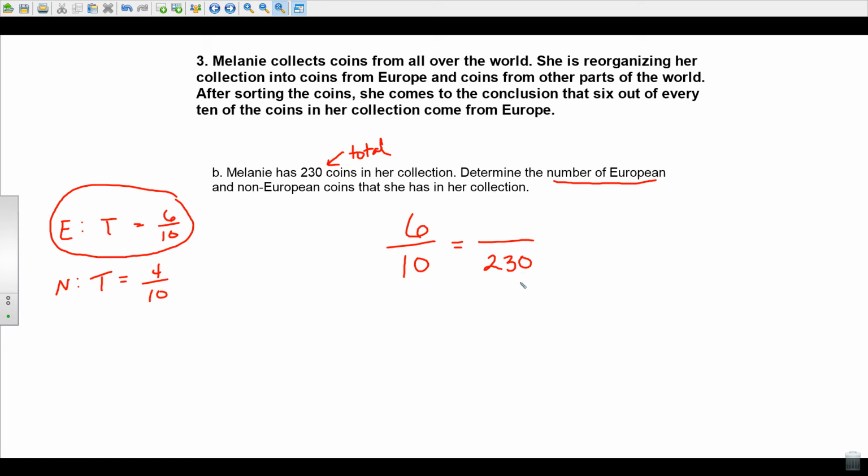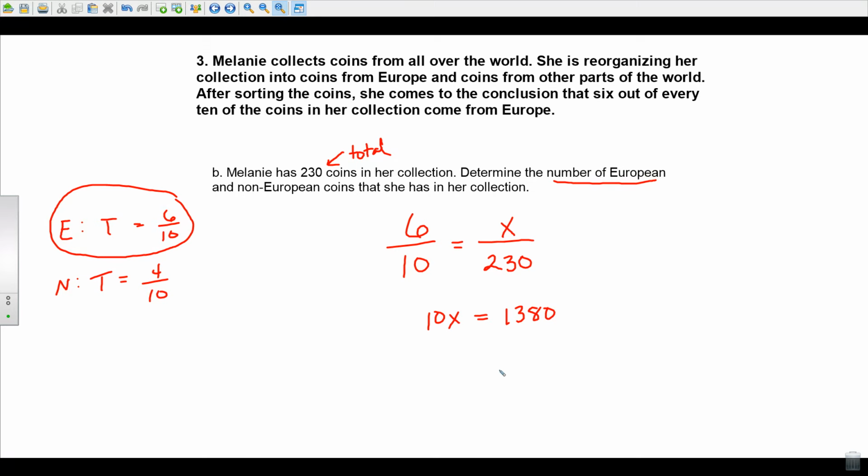The reason I put it down here is because that's how this ratio is written. This is European to total. So this has to be European to total. I don't know the number of European right now in this case. So I'm going to use a variable, x, and now I have a proportion. So to solve a proportion, I do my cross products. 10 times x is 10x. 230 times 6 is 1,380.